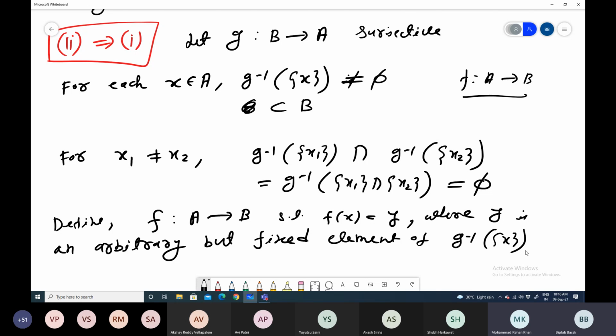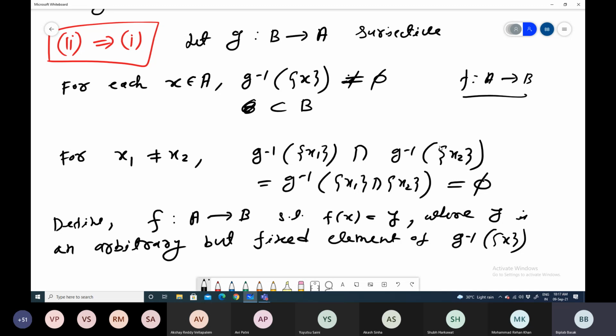Okay, Sir, so we know how g inverse of x1 intersection g inverse of x2 is empty, because there can be more than one element in B which map to the same element of A. So this is an equality. Since x1 is not equal to x2, their intersection is empty.